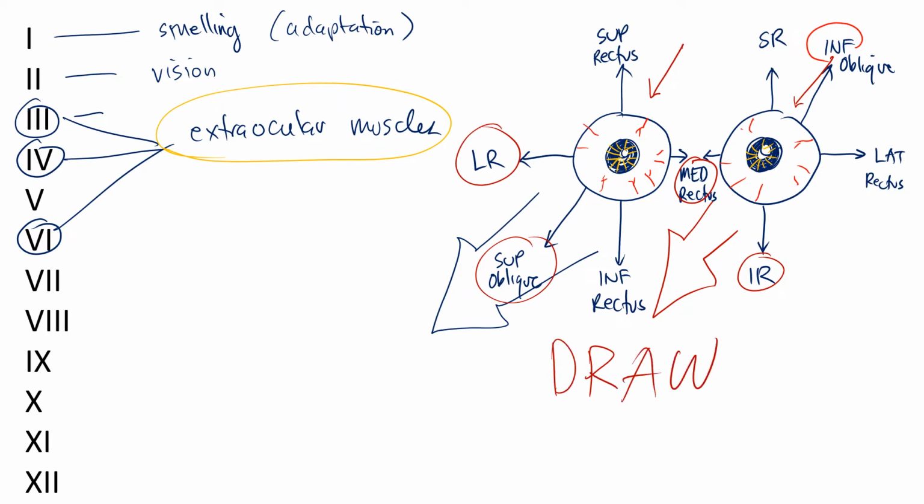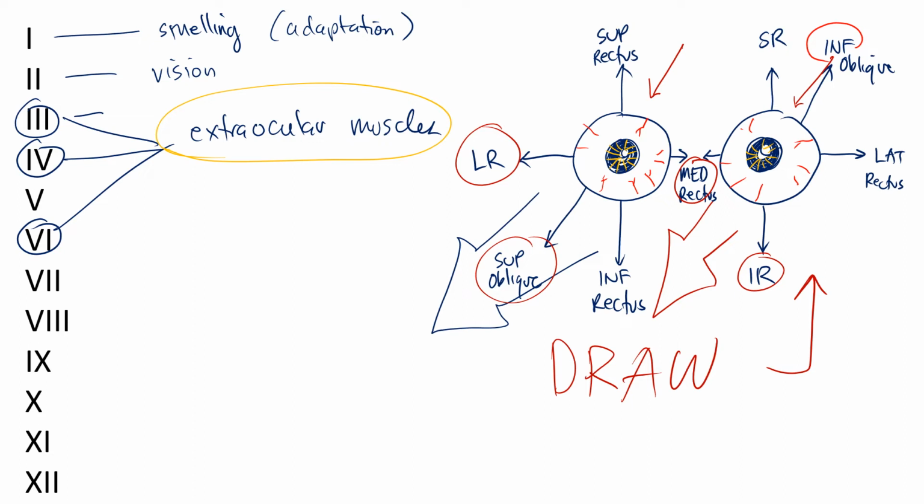The question could turn your brain topsy-turvy, but if you draw this diagram, you won't get confused. Now you see the value of being able to draw. So, that is your extraocular eye muscles.